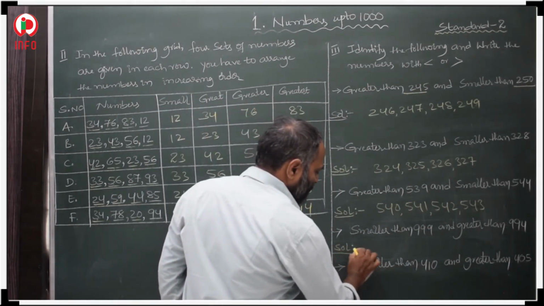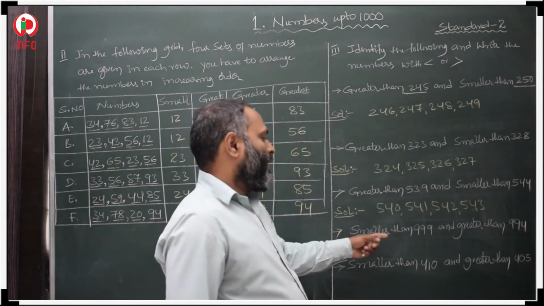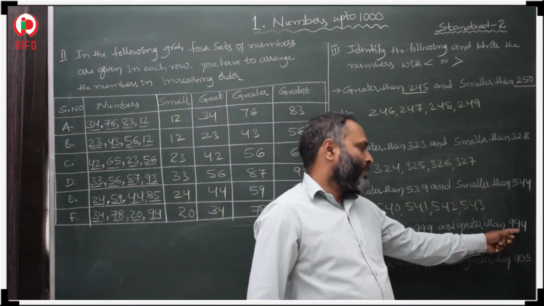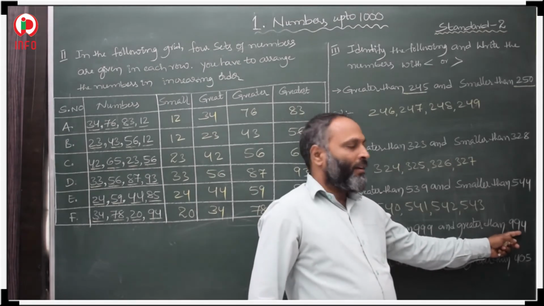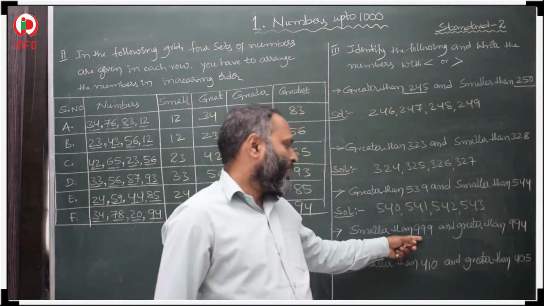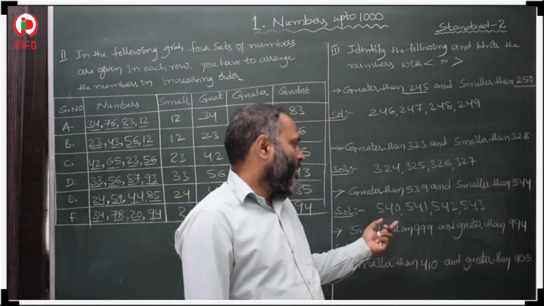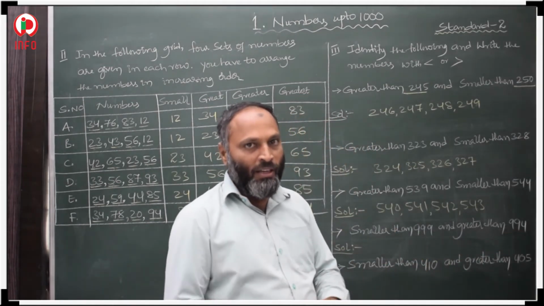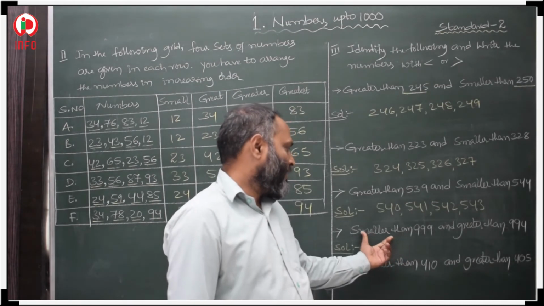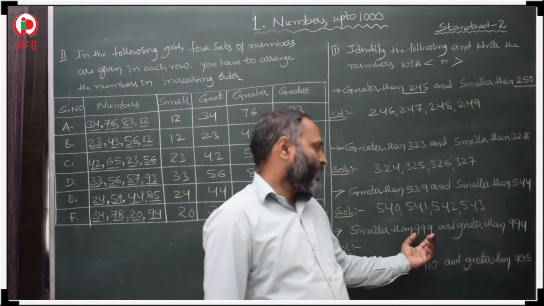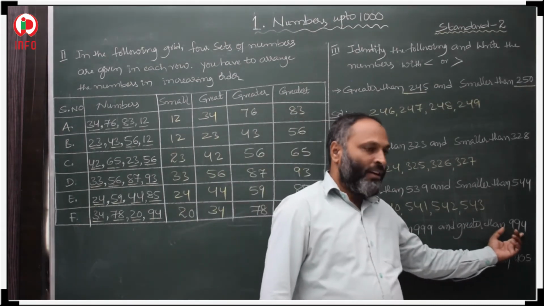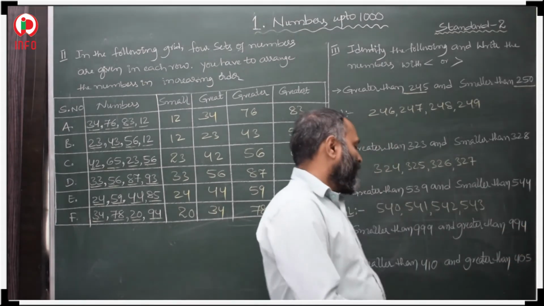Then next, smaller than 999 and greater than 994. First you check the greater than, 994, 999. It means from 994 to 999. Here the question is given in reverse order. Don't get confused if the question is given in reverse order. Don't bother about that.